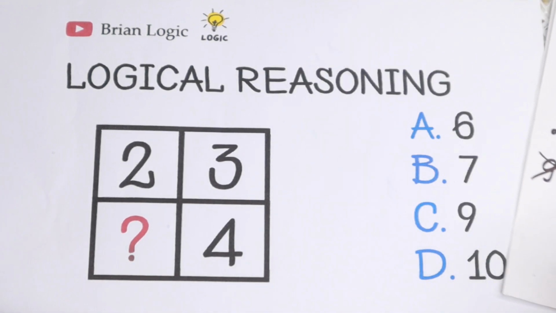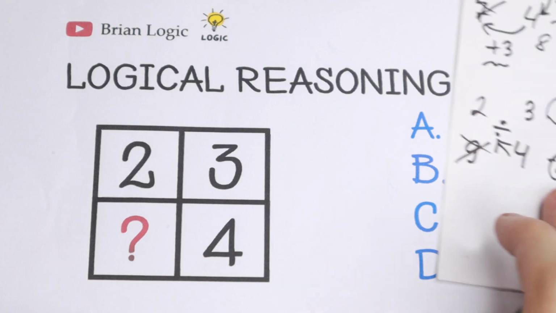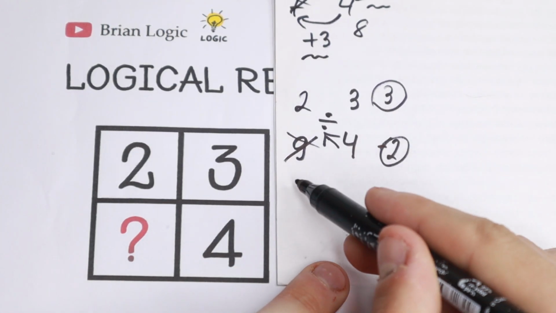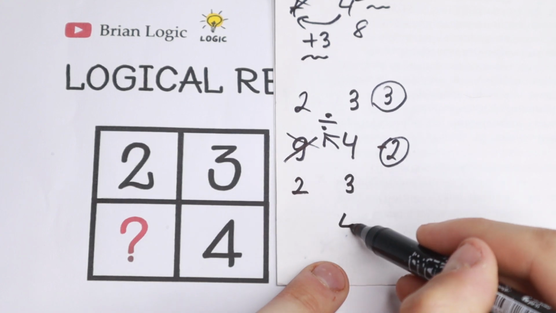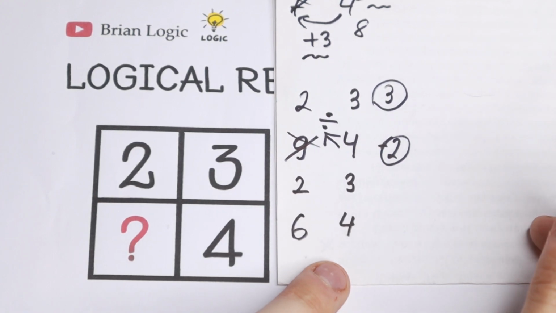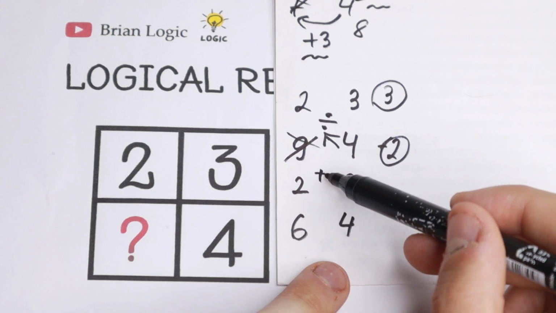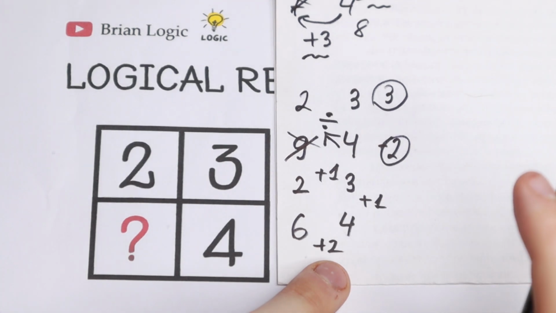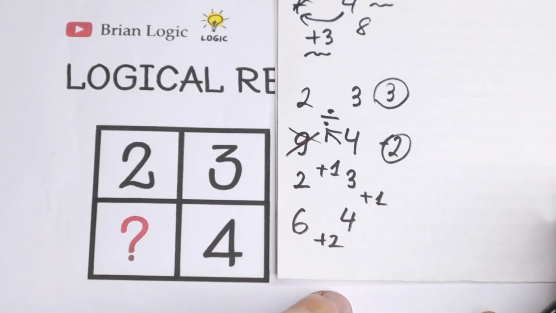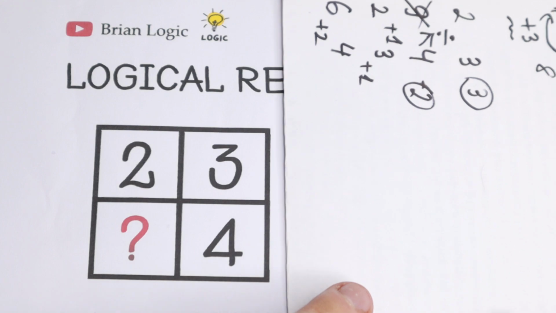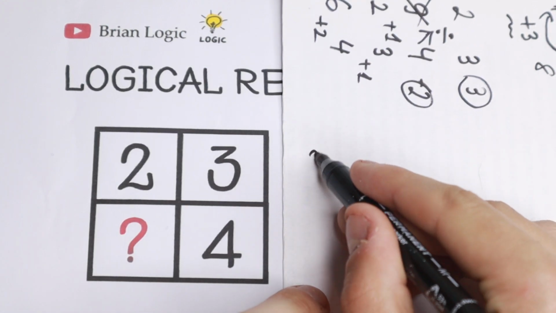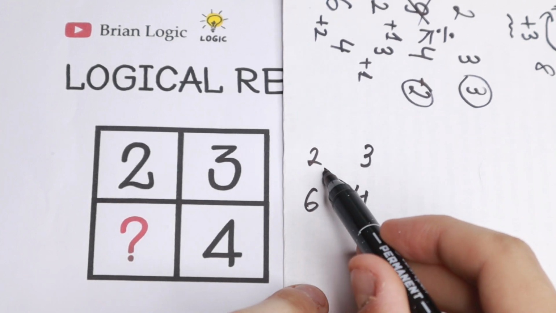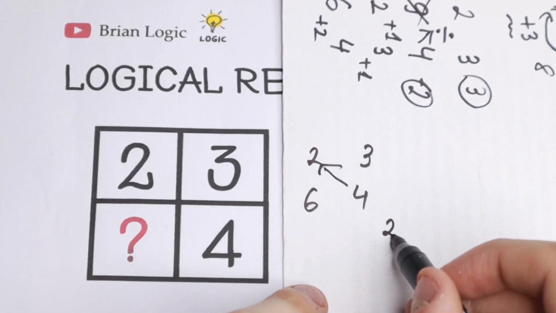But what about the next case? For example, we have 6. Let's check this 6 real quick. So we have 2, 3, 4 and 6. If we are talking about addition, we add 1, we add 1 as well, and here we add 2. So addition does not work here. But if you look closely, if we divide 4 by 2, we will have 2.